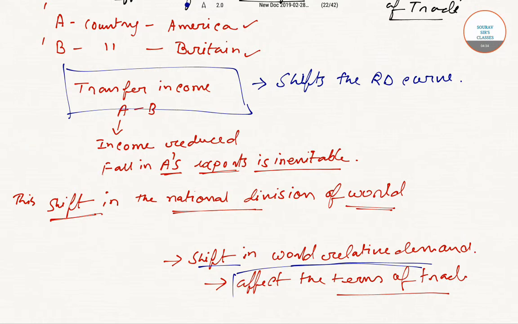So the only effect of a transfer of income is the shift in RD, the relative demand curve.